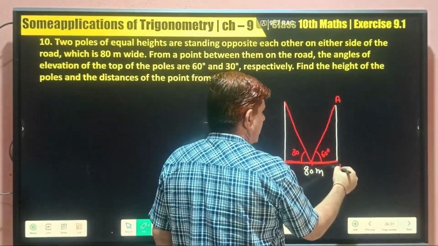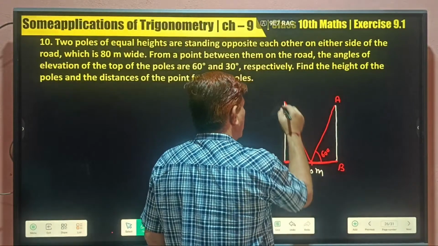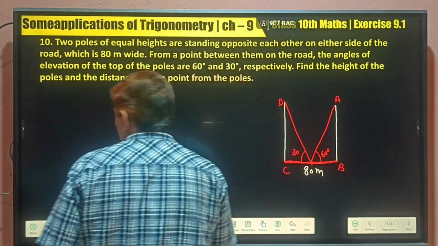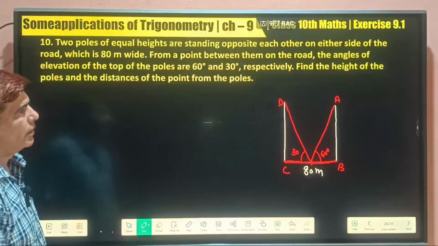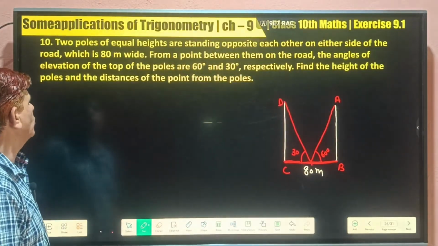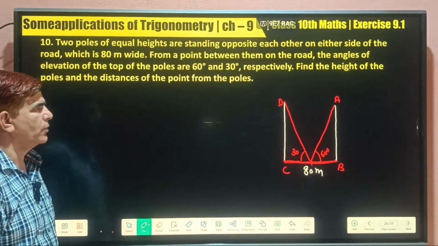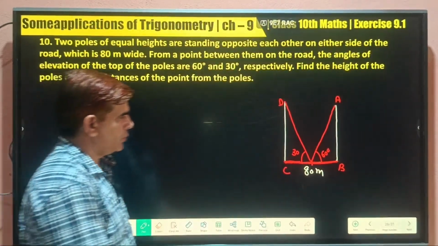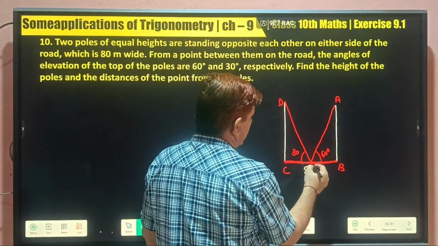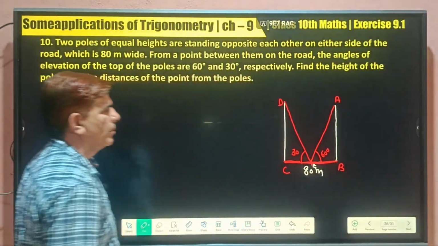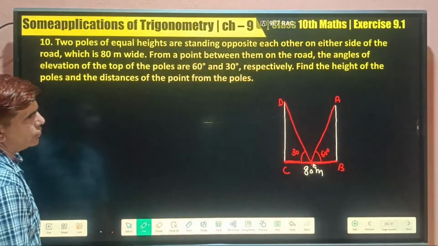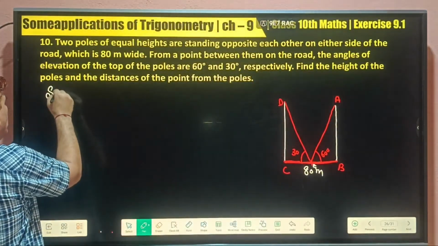So this is AB, CD. Find the height of the poles and the distance of the point from the poles. This point is E. Understood? Now the solution.